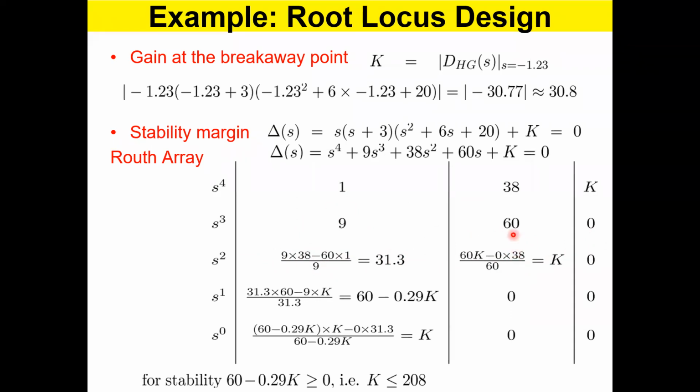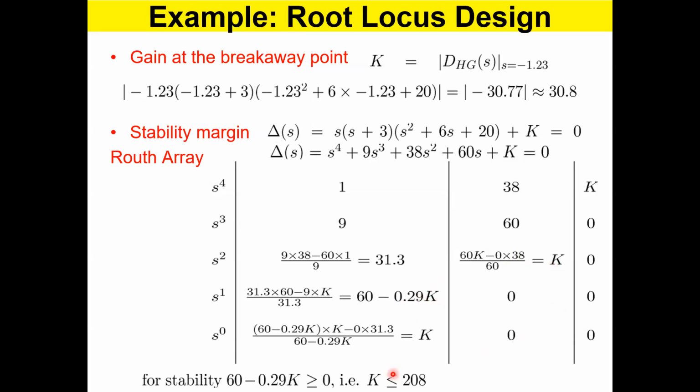The value here is 9 times k minus 1 times 0, divided by 9. The answer is k. Then you go to the next row here. So 31.3 times 60 minus 9 times k, divided by 31.3. The answer is 60 minus 0.29k.